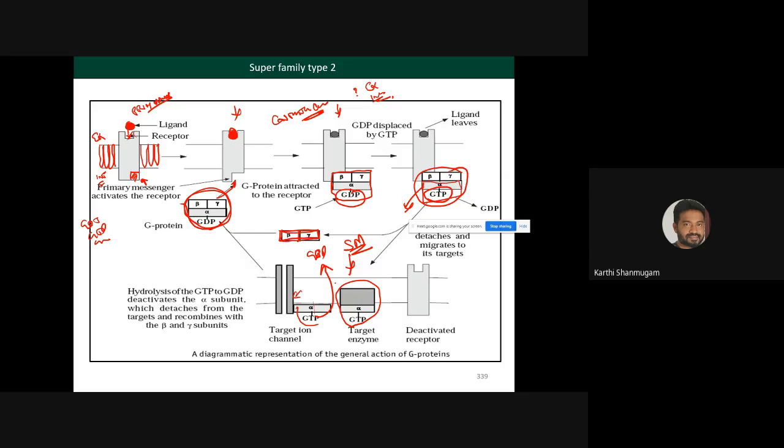After some time, the GTP attached to the alpha subunit will be converted into GDP. That conversion leads to reattachment of the alpha subunit to the beta and gamma subunit, and we get back the alpha, beta, gamma subunits with GDP, that is the G protein. The meaning is that the G protein is recycled here. Is it understandable?